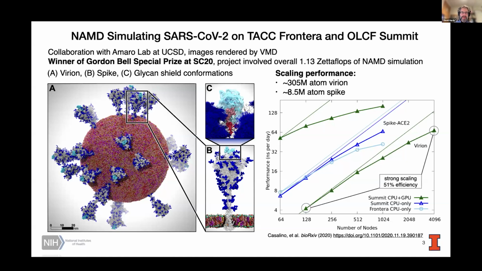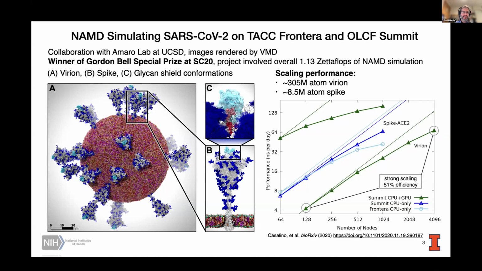Then simulations of the entire spike, and finally we were able to assemble this entire model and run simulations on NAMD where we scaled it across about 90% of the Summit supercomputer. This was a really nice effort that we did back in 2020 when we were all working from home during the COVID lockdown.